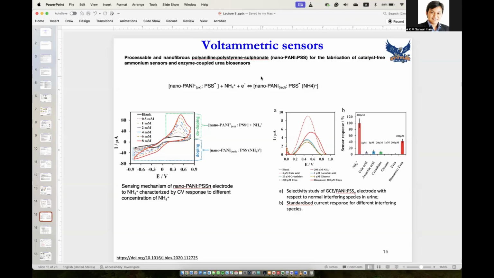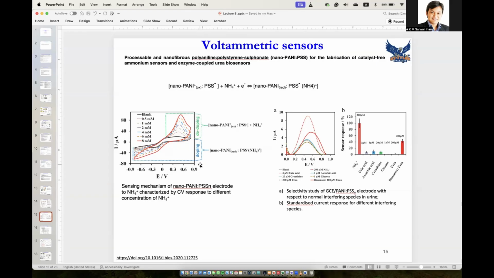So here two things we are detecting, but I'm just showing you the ammonium sensor part. How they are preparing the sensor using the PANI PSS, and then they're using the cyclic voltammetry. At first we can talk about this part, the PSS and the PANI.